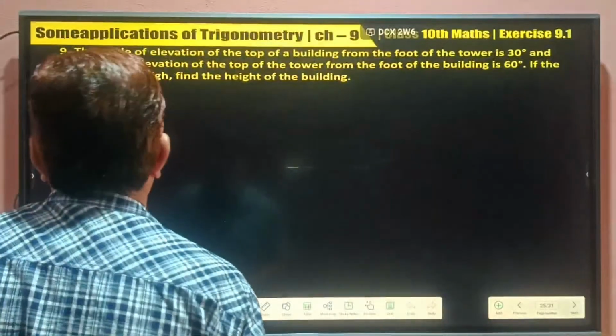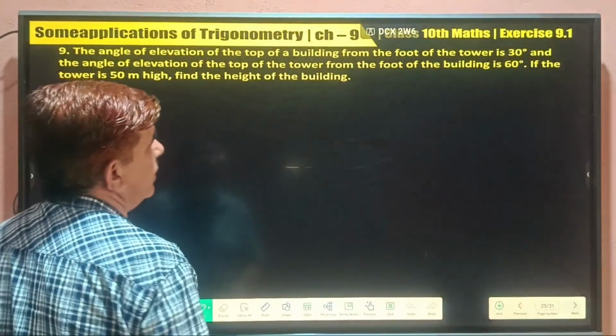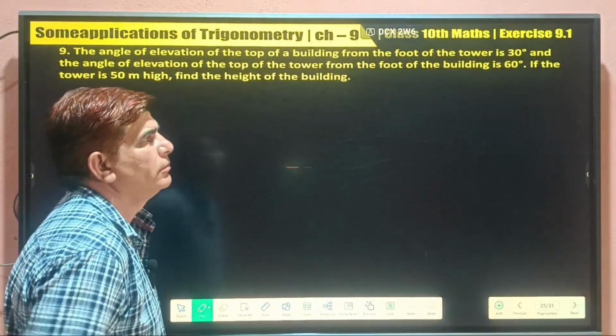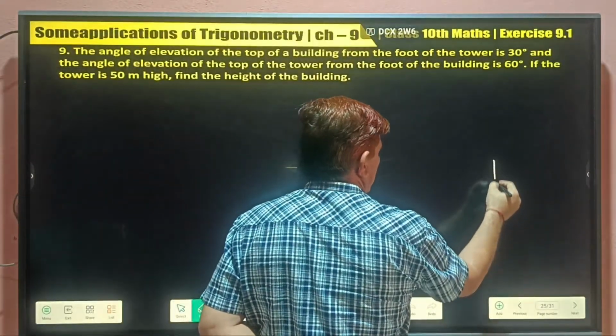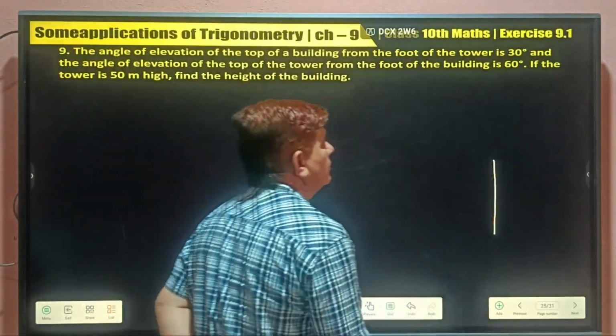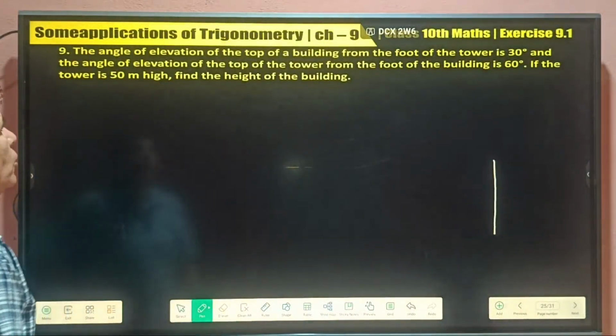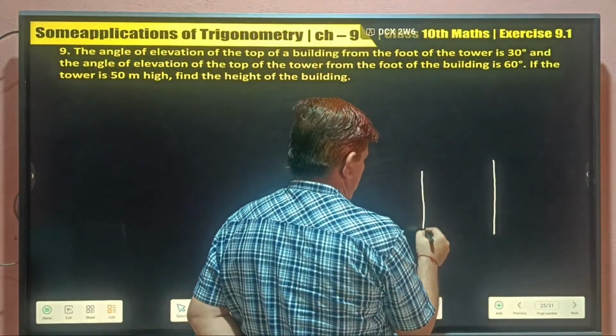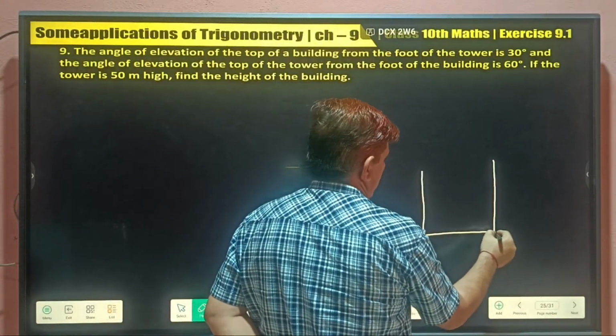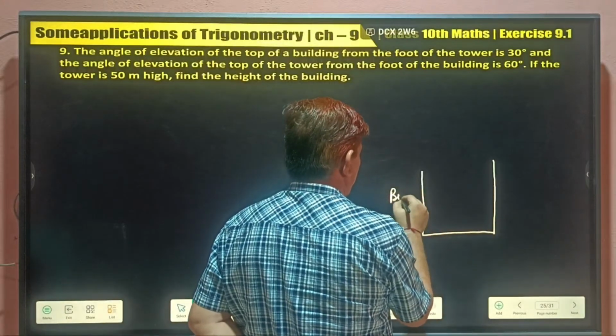One more question: the angle of elevation of the top of the building from the foot of the tower is 30, and the angle of elevation of the top of the tower from the foot of the building is 60. This is, we can say, the building.